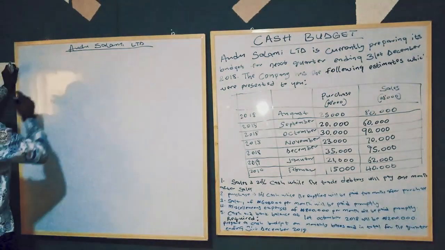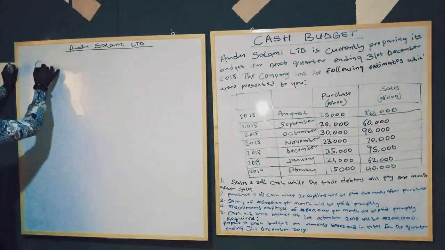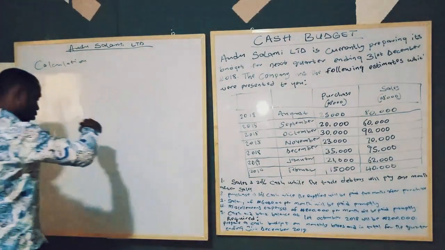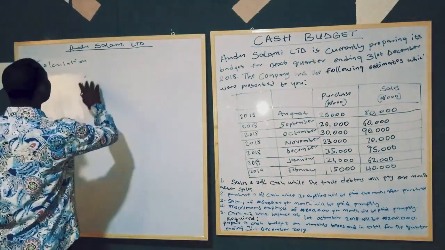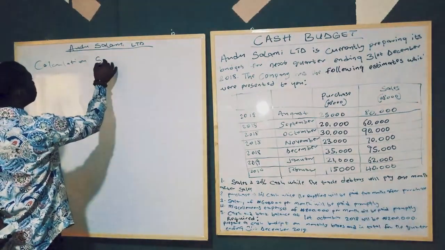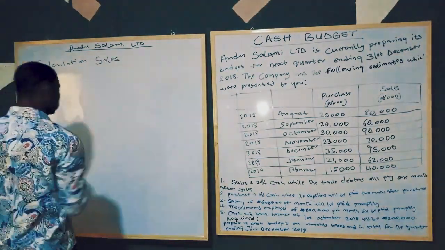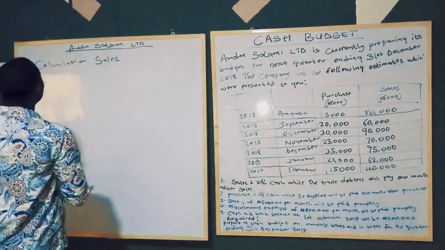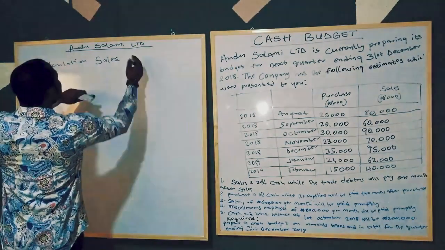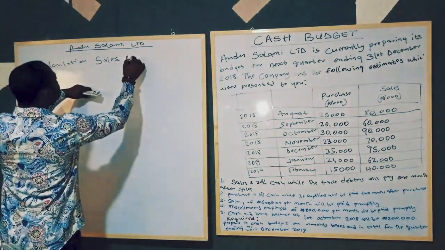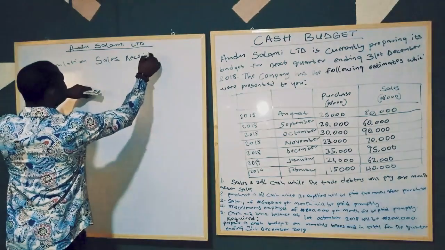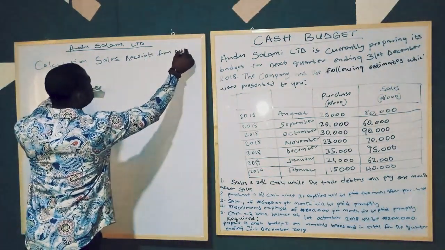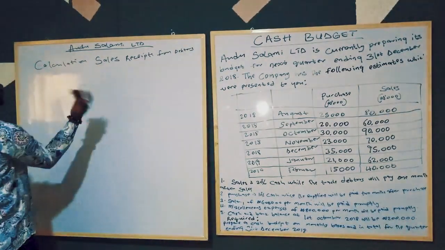Then the first thing you say is calculation for sales received from debtors, or you can just say calculation for sales.